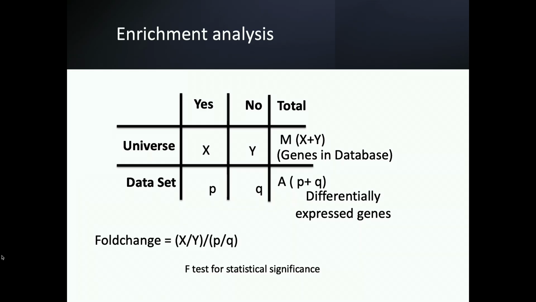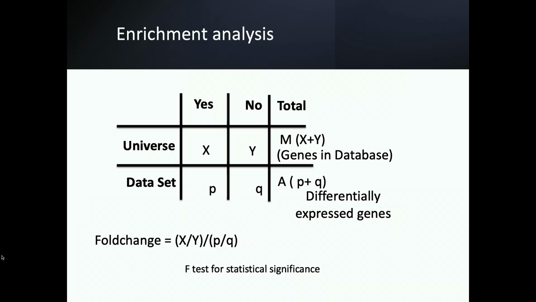This is the process, and it is done for every single term in the GO database or KEGG pathway database, any database, whatever number of terms there are. The program does that in the backend for each term and calculates the p value. Then they do a correction for the p value, because you are now doing this test hundreds of times on different pathways.